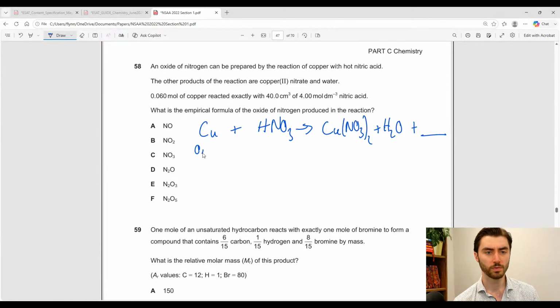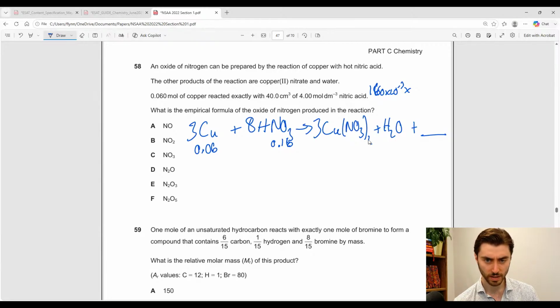We know the number of moles of copper. So n equals CV. So 0.16 moles of that. So we know it's a 3:8 ratio.